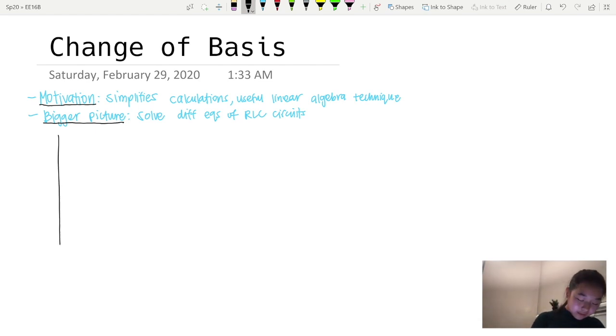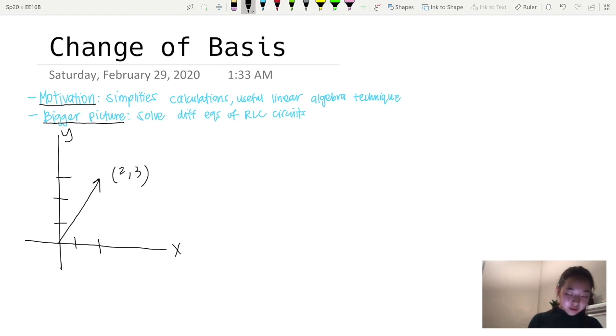In general, whenever you describe a vector, you usually use the xy plane. Let's say we arbitrarily have the vector (2, 3). Whenever you're describing it with these coordinates, you're describing them in the standard basis.